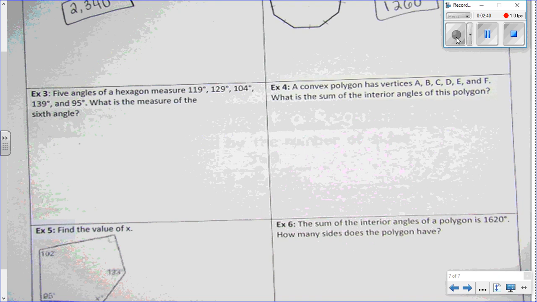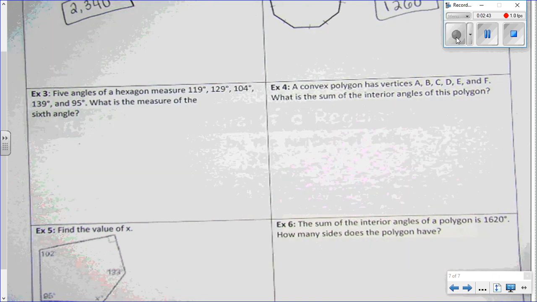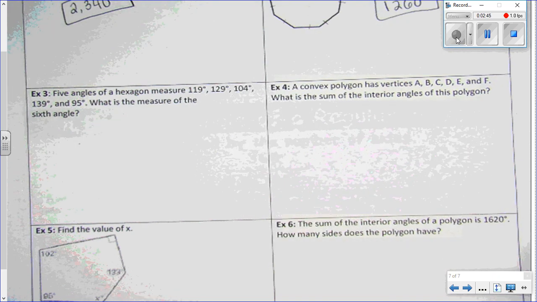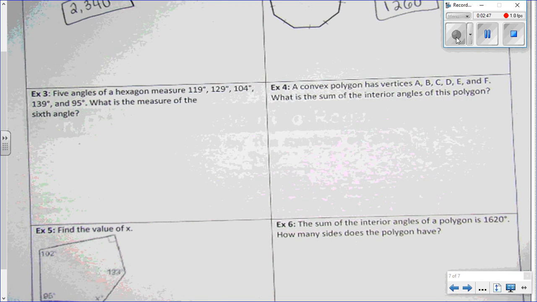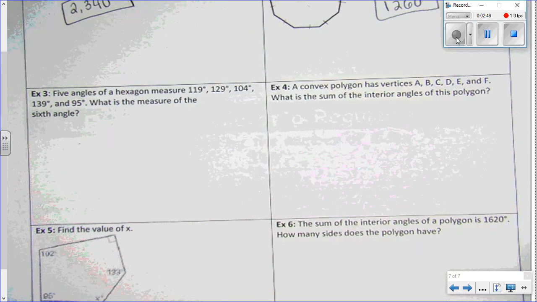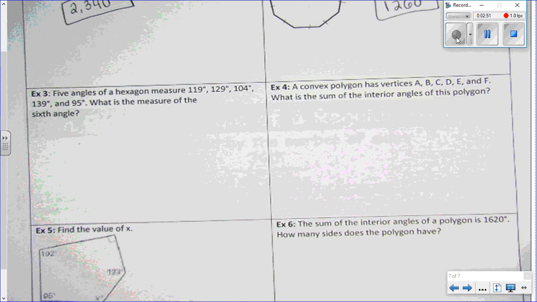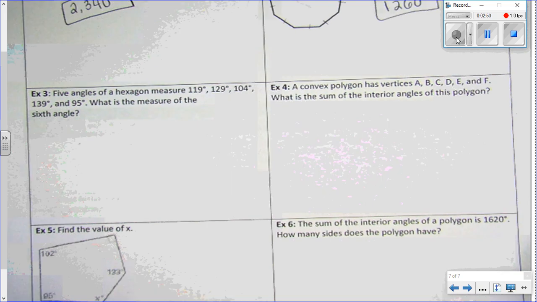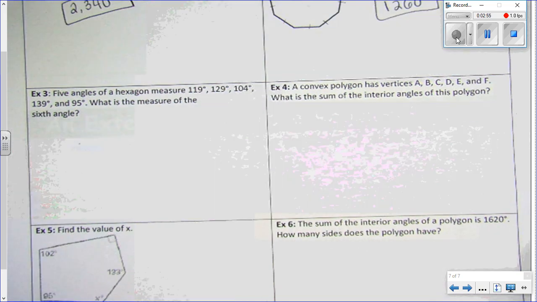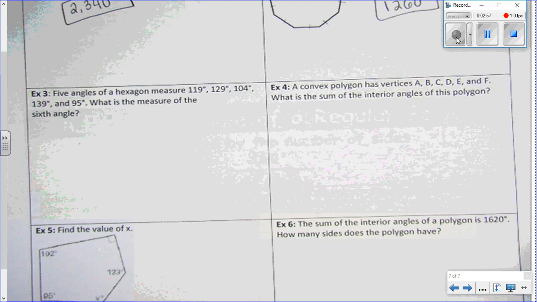So what we can do is figure out what all the angles in a hexagon have to add up to, and then subtract the ones we have and figure out what the last one is. So the first thing we need to figure out is the sum of the interior angles of a hexagon.